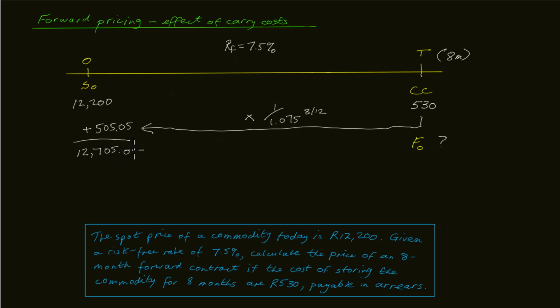And the final step in the equation is to determine the future value of that amount, which is our forward price, and that we determine by multiplying the present value of 12,705.05 by our TVM factor, which is 1.075, once again to the exponent of 8/12, resulting in a correctly calculated no arbitrage price of 13,332 Rand and 62 cents.